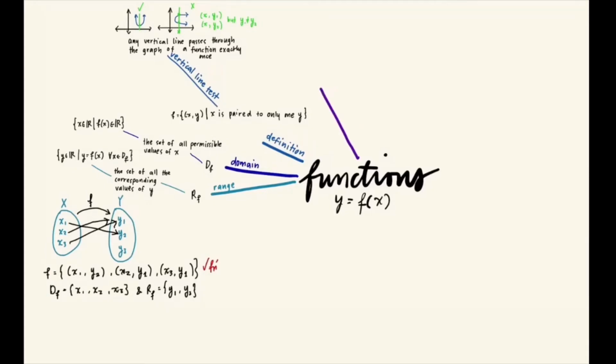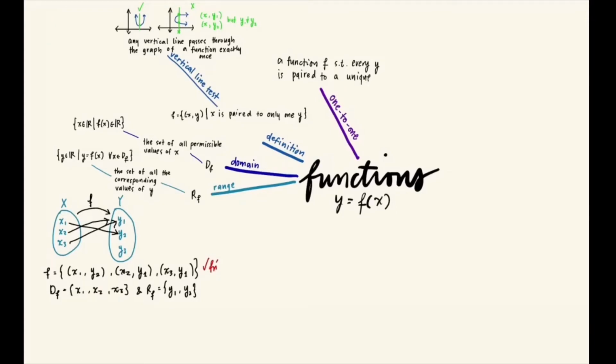Now, another concept relating to functions is the concept of a one-to-one function. Basically, it is a function, so it must satisfy the definition of a function that x is paired to exactly one y. For a function to be one-to-one, y must also be paired to exactly one x.